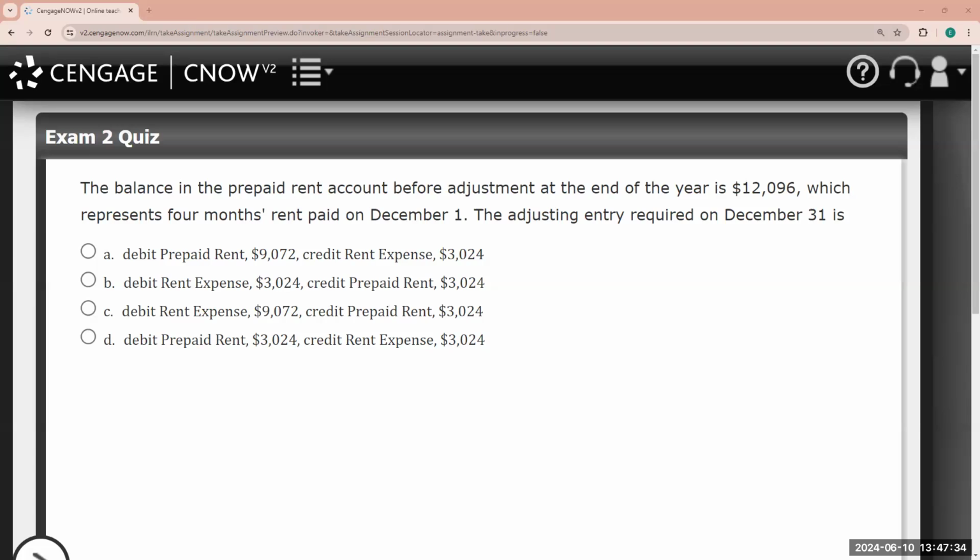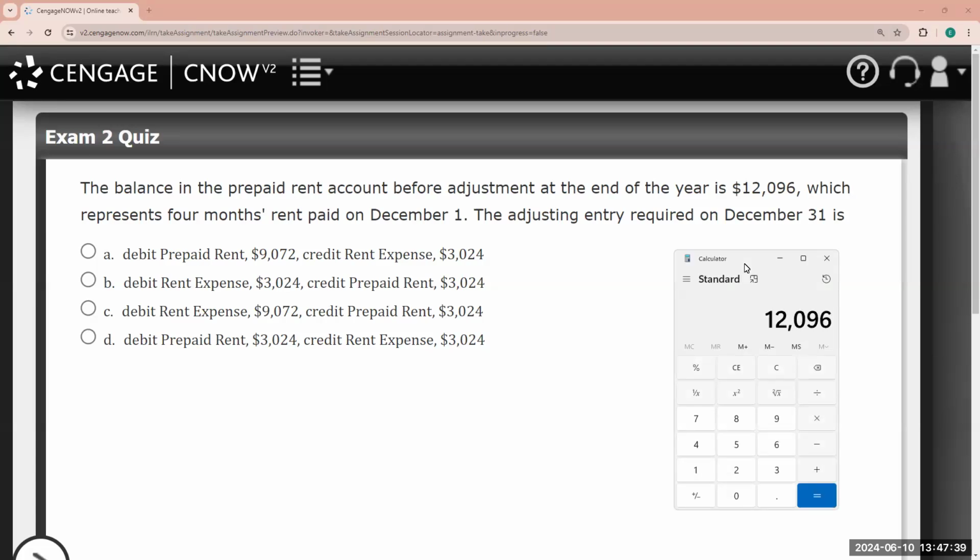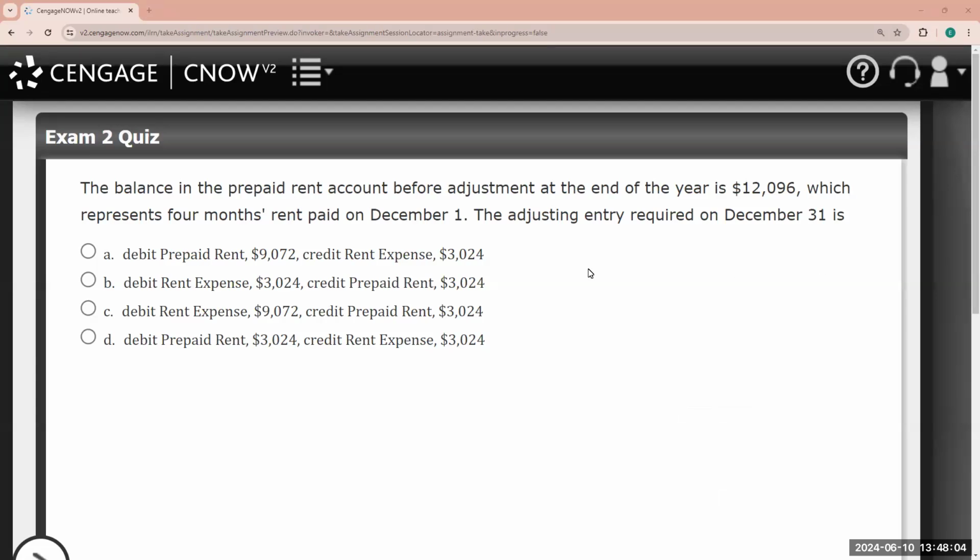If we get our calculator, they paid in total $12,096 for 4 months. If we divide it by 4, that means each month there is rent expense of $3,024. So in the event that they never paid for this prepaid rent in advance for 4 months, each month they would need to pay $3,024. In that case, our journal entry would be as follows.